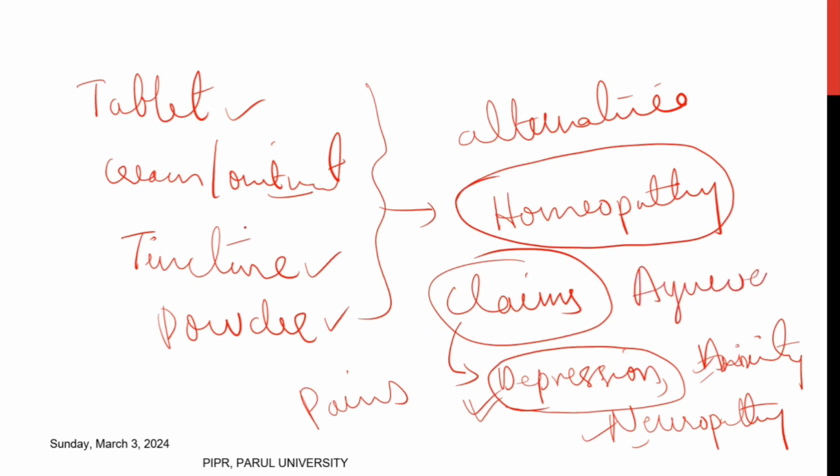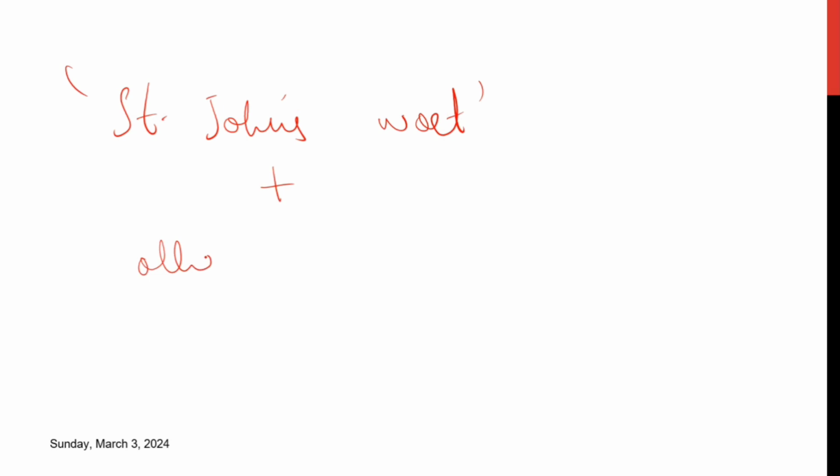But you have to remember, as a clinical pharmacist, we have to be very clear that whenever St. John's wort is used in the hospital along with other allopathic drugs, it will show different drug interactions that I am going to tell you.